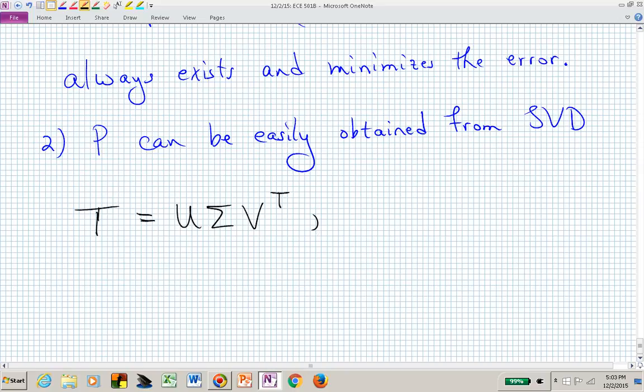So let's say that we've now found the singular value decomposition of this linear map T. Then we want to find the pseudo-inverse P. P is now V, where V is just the transpose of V transpose. So the matrix V is also made up of orthonormal columns. And U and V, those columns can be partitioned to find the four fundamental subspaces of a matrix.